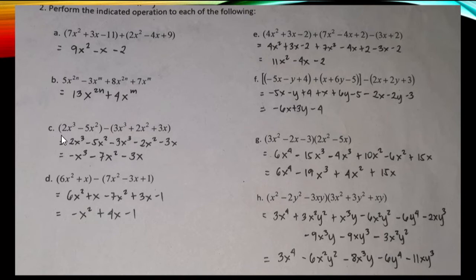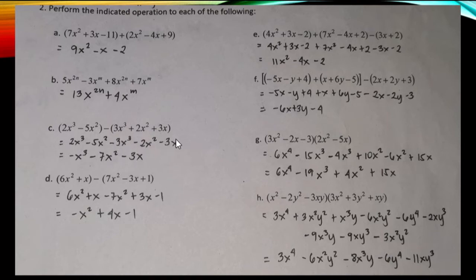Next, 2x cubed minus 5x squared minus quantity 3x cubed plus 2x squared plus 3x. Since there is a minus there, we distribute the sign to each term of the trinomial. So, copy here, 2x cubed minus 5x squared, then minus 3x cubed, minus 2x squared, minus 3x.